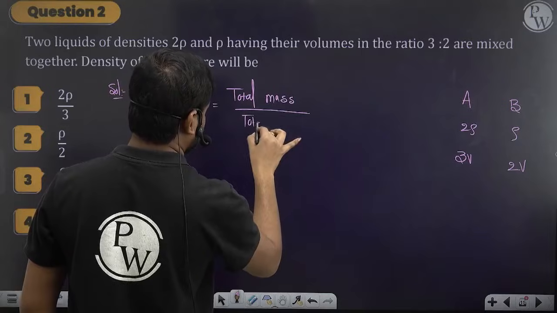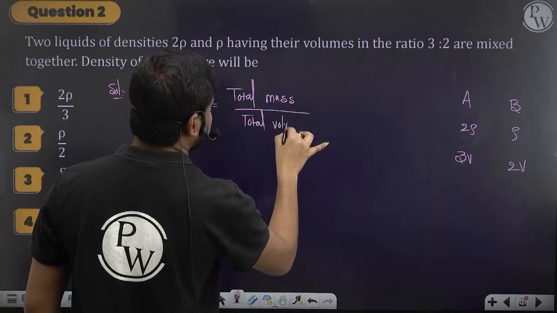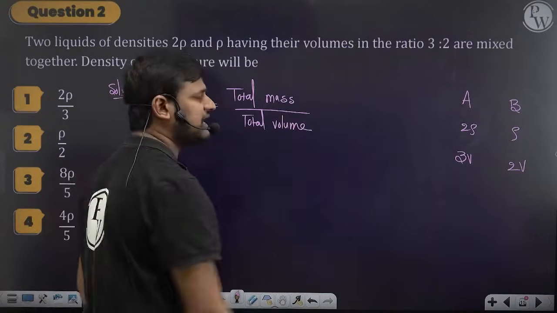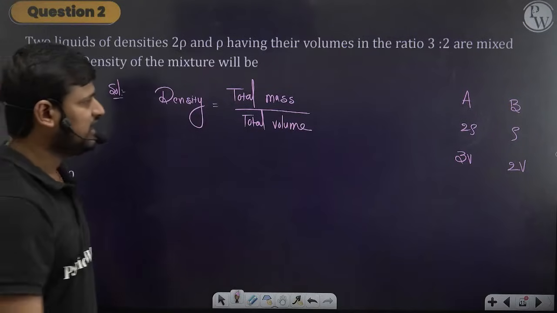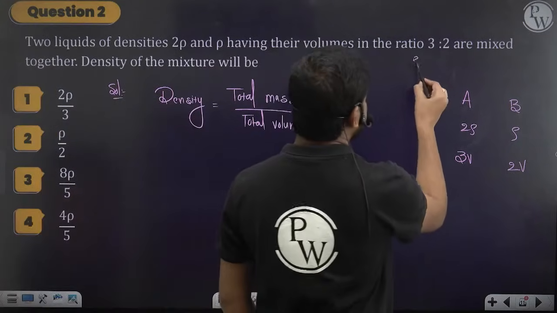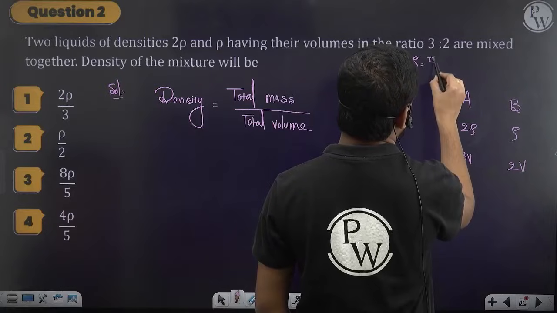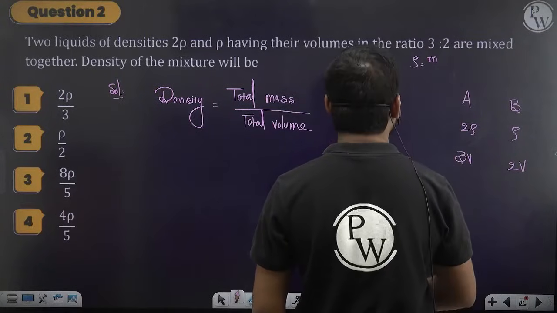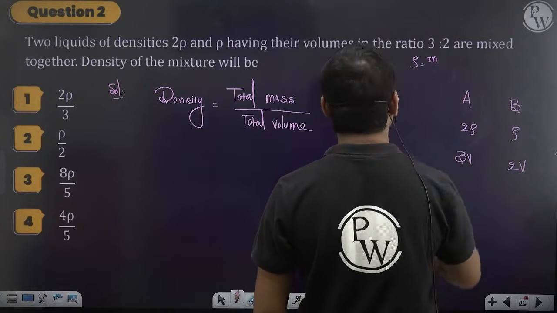So here, what is the total mass? They are not talking anything about the mass in this, right? We know that density is equal to mass upon volume. From here, mass is equal to density into volume.